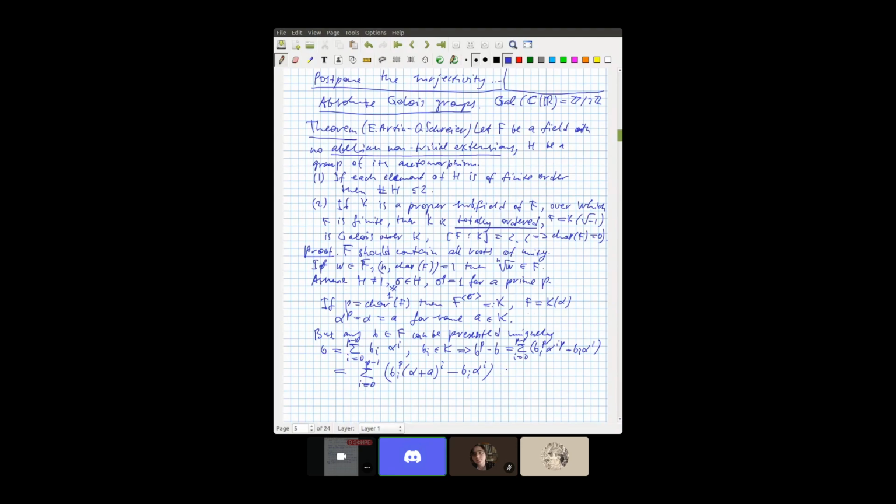So this will be b_{p-1} to the p minus b_{p-1}, times alpha^{p-1}, modulo K, linear combinations of 1, alpha, and so on up to alpha^{p-2}.